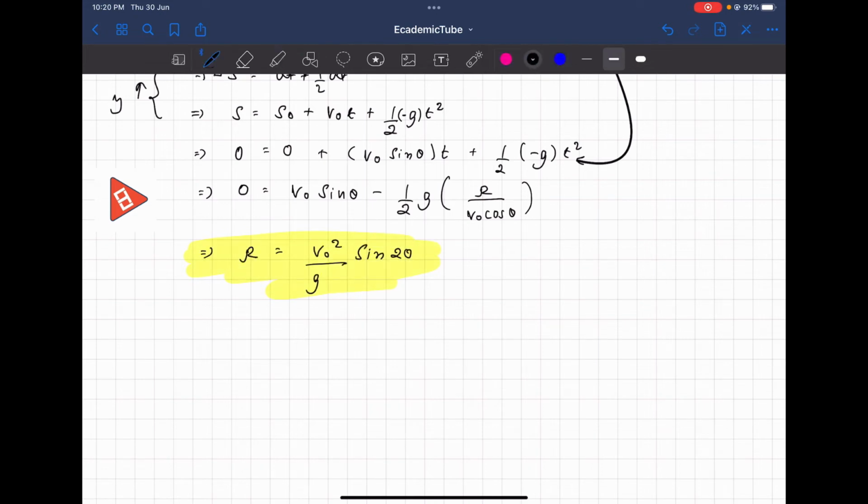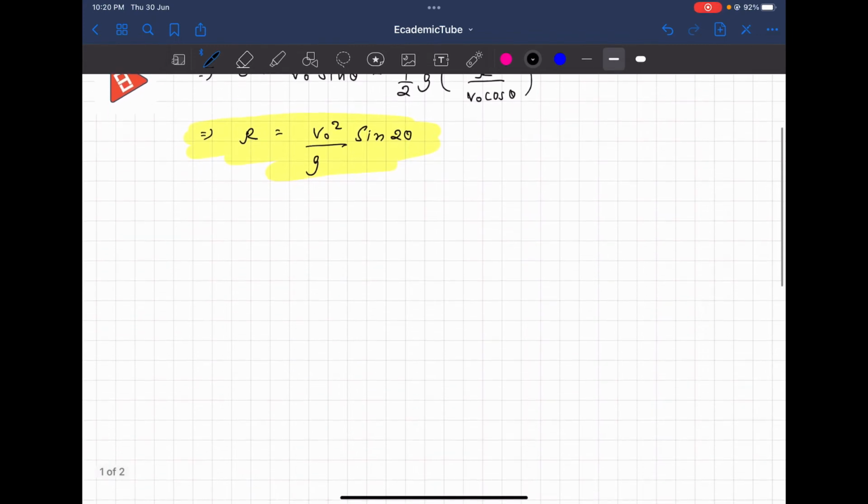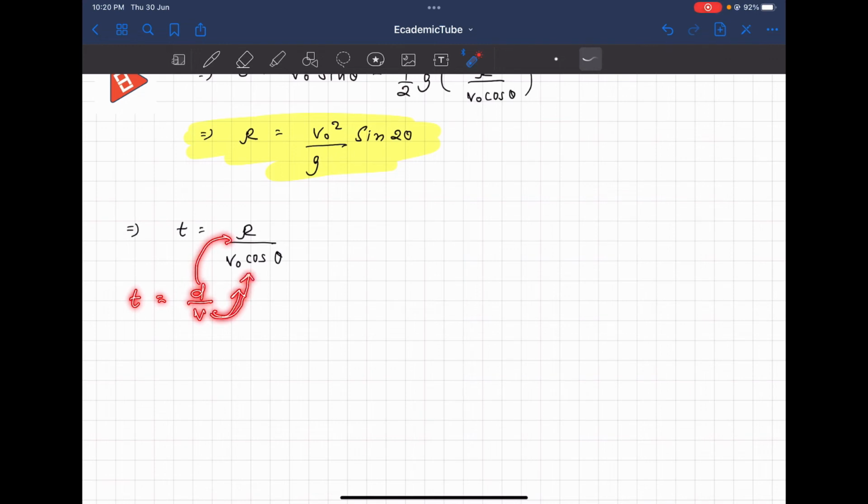Now we will calculate the time of flight. For this I can write time is equal to r by v naught cos theta. From where did it come? We know time is equal to distance by velocity. The distance is the range and the horizontal velocity is v naught cos theta.